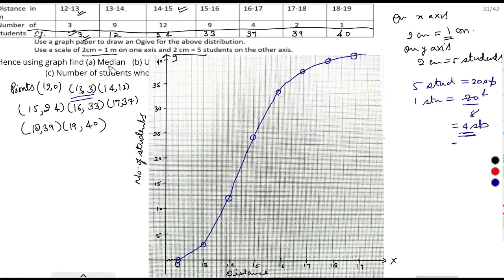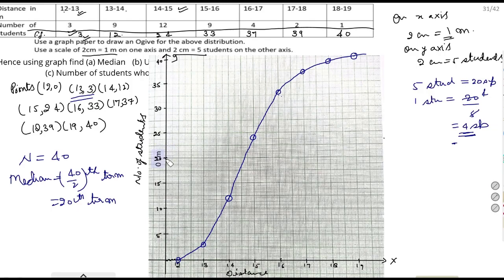Now we have to calculate median. In this question n is equal to 40. It means median will be the n by 2th term, means 20th term. This is 20. On x-axis, scale is 2 centimeter is equal to 1 meter.